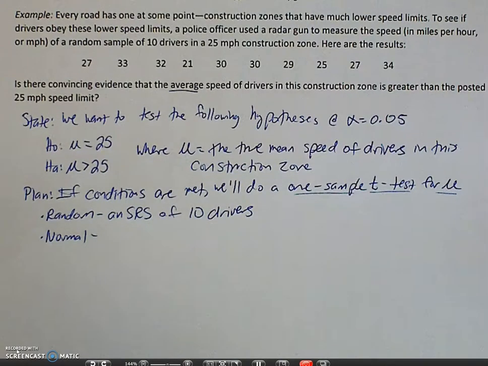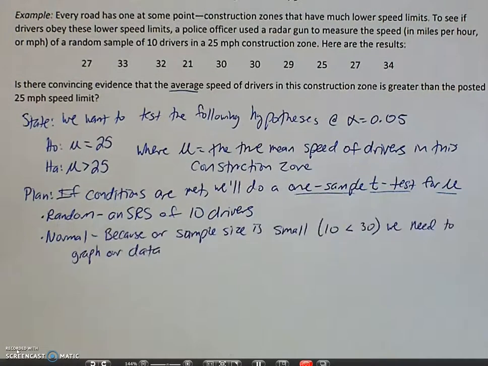But because it's smaller than 30, we need to graph our data. You can do a dot plot, a box plot, a histogram, a normal probability plot, any of these things. And so we need to write that and then graph it. So this is why I told you to put that data into your calculator.